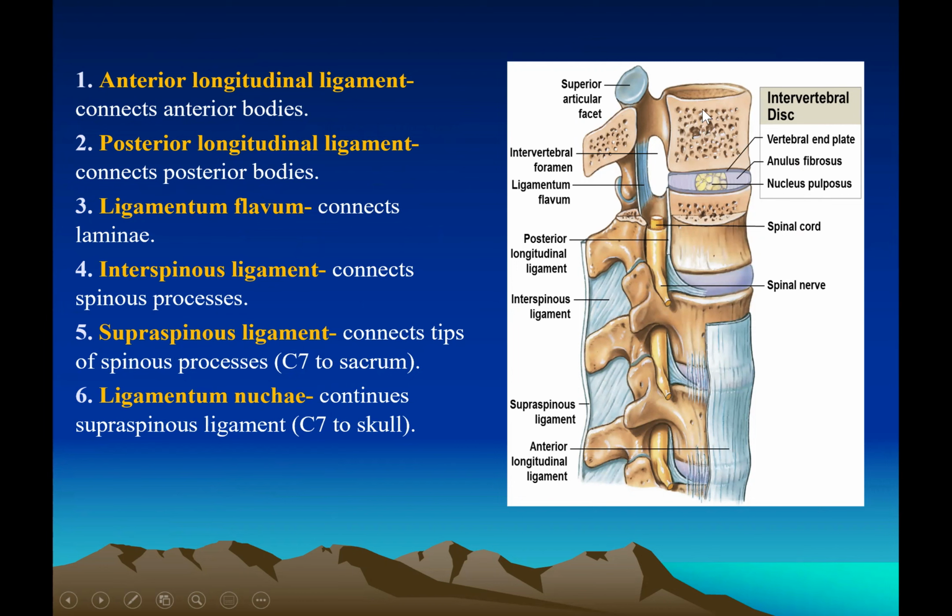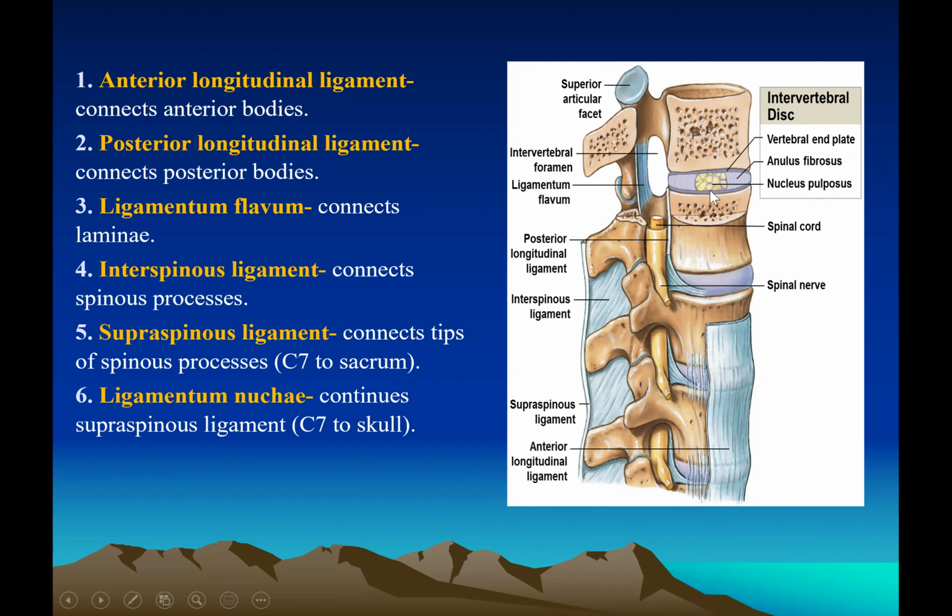Some of the main ligaments you can see here are the anterior longitudinal ligament that connects the anterior bodies, the posterior longitudinal ligament that connects the posterior bodies, ligamentum flavum that connects the laminae of the vertebrae, interspinous ligament that connects the spinous processes, supraspinous ligament that connects the tips of the spinous processes from C7 to the sacrum, and ligamentum nuchae that connects C7 up to the skull. It is continuous with the supraspinous ligament.